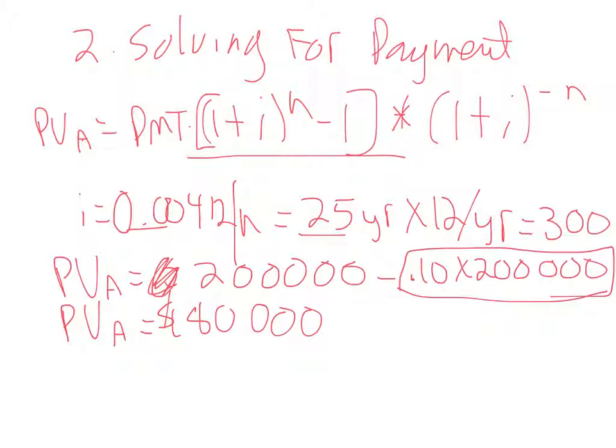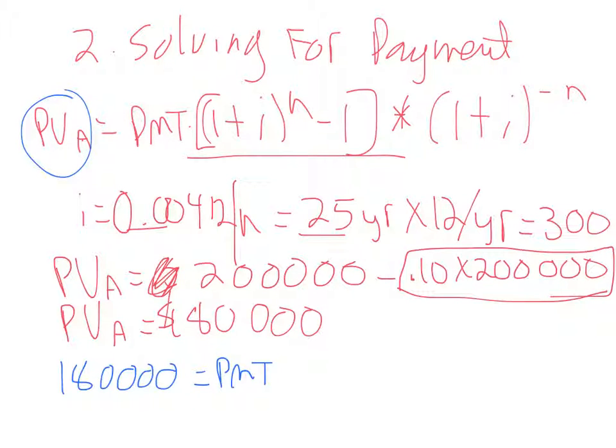So what we do is we substitute everything into the equation. So PVA is going to be 180,000. And that's going to equal PMT, which I don't know, I need to solve for. Then it's going to be 1 plus 0.00412 to the exponent of 300 minus 1.